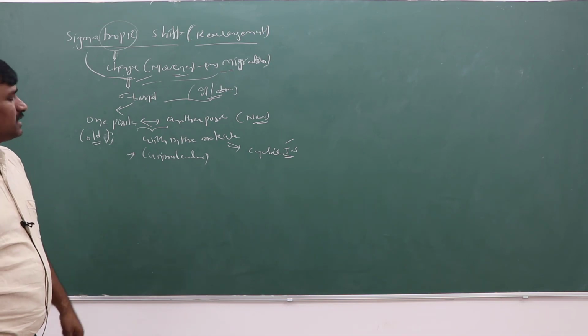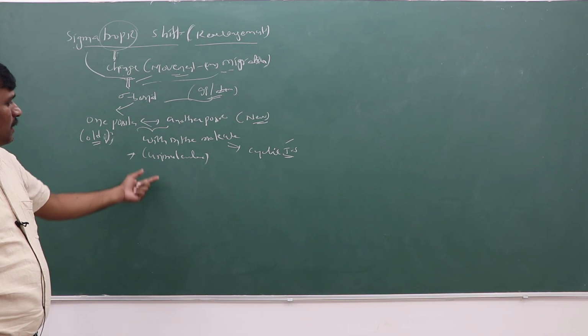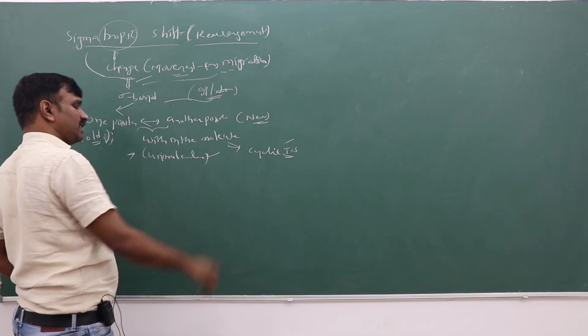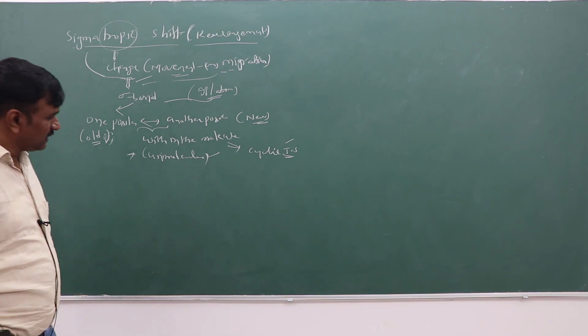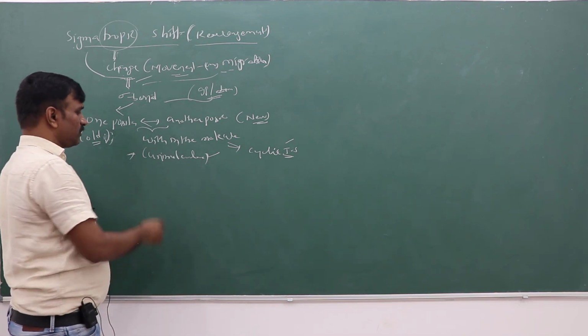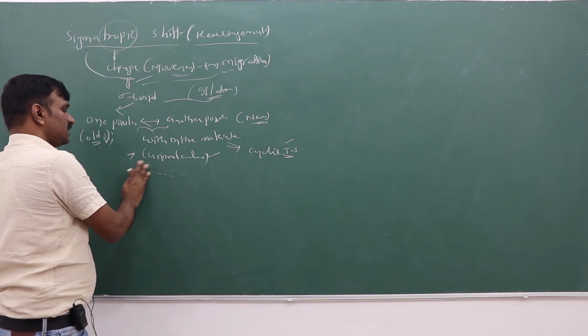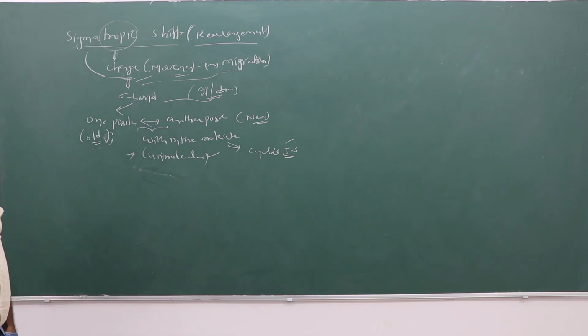Only one molecule is enough for the sigmatropic rearrangement reactions or sigmatropic shift. These are unimolecular reactions, like the electrocyclic reactions. That unimolecule may be a conjugated pi system. See, listen.